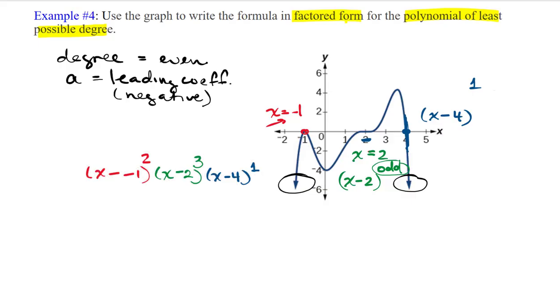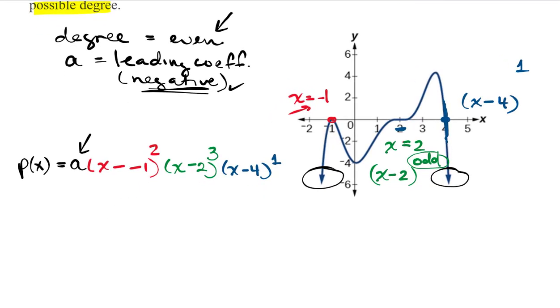So we'll call this function p of x. And now we're missing the leading coefficient, which we know is a negative number. But let's go back to the degree here just to make sure we're on the right track. So we expand this out. Our first factor here is going to give us a second degree.